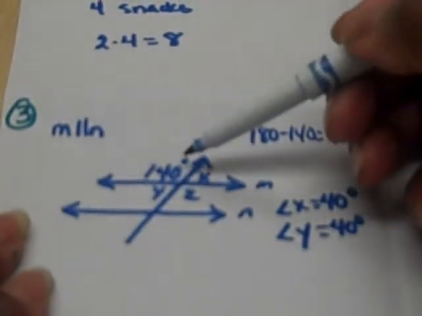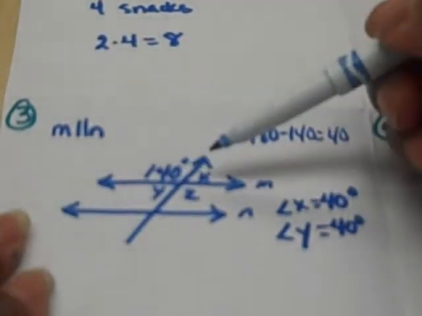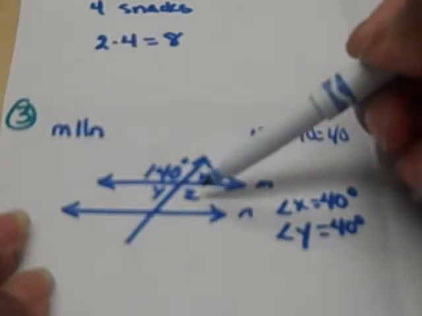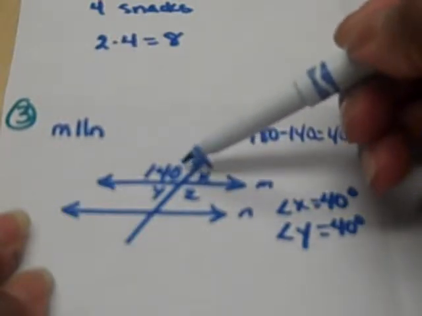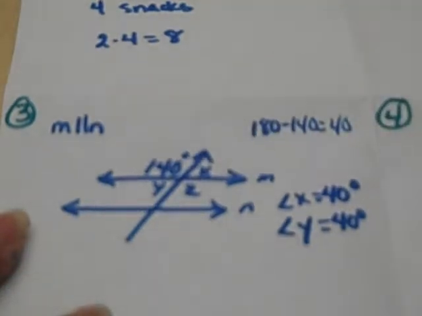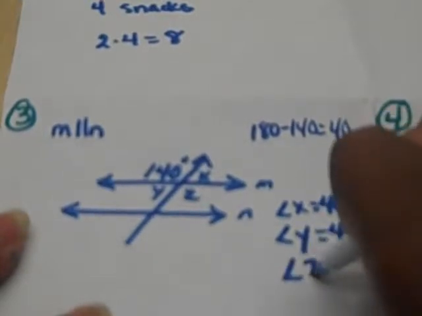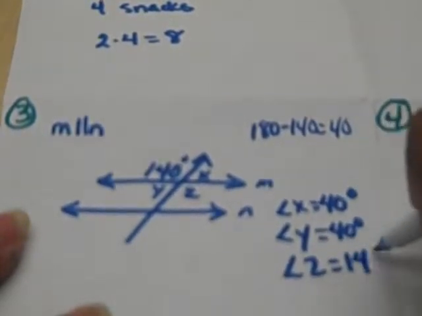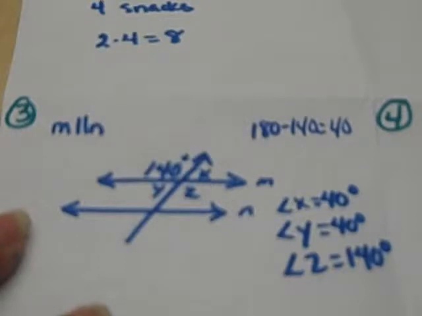We can apply the property of vertical angles also to angle z. Z and the angle of 140 degrees are vertical angles, therefore z is congruent to 140 degrees, and z is 140 degrees. Okay, x, y, and z.